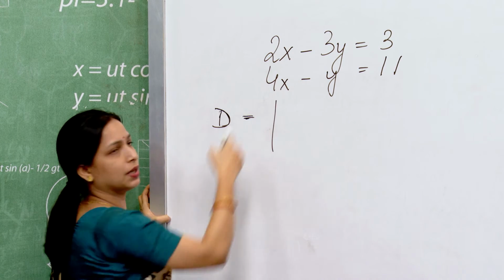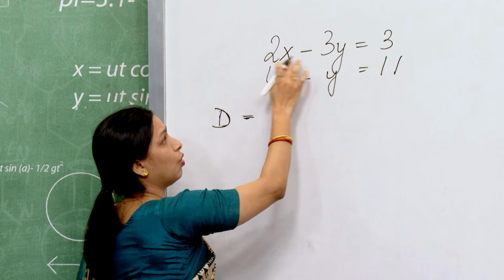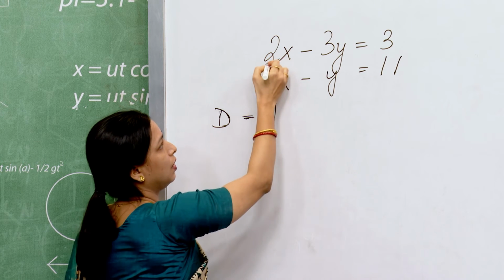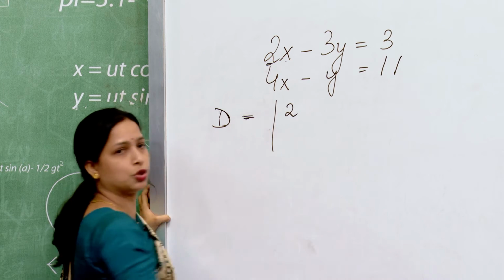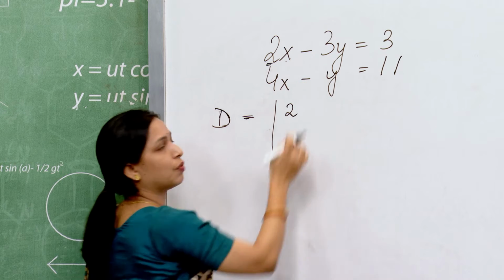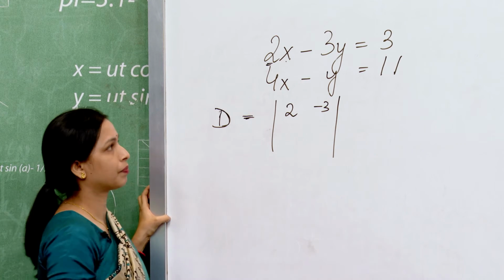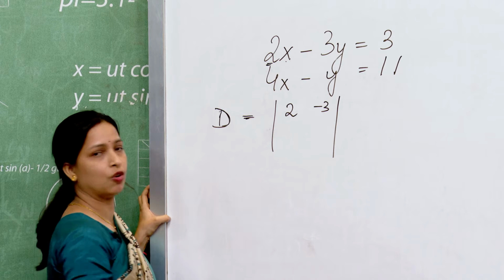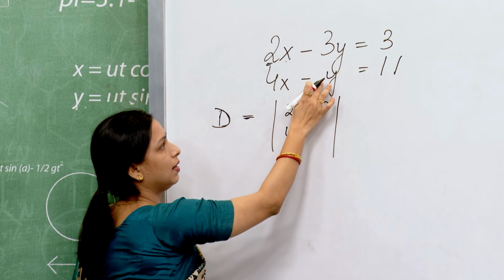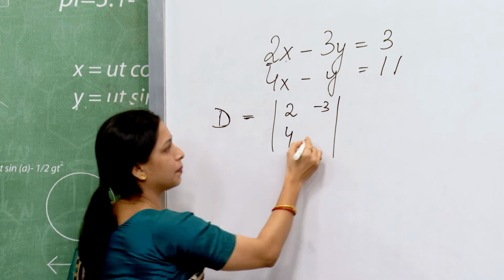The determinant consists of the coefficients of the variables. Here the coefficient of x is 2, and the coefficient of y is -3. You must consider the sign. In the next row, the coefficient is 4 and here it is -1.